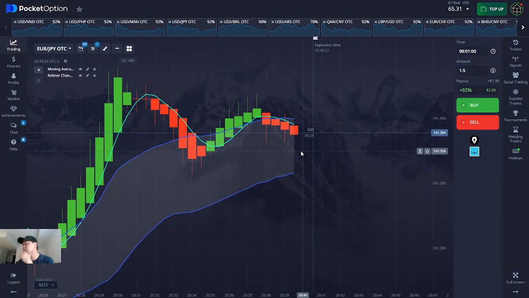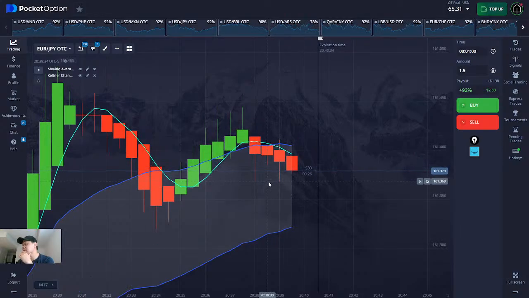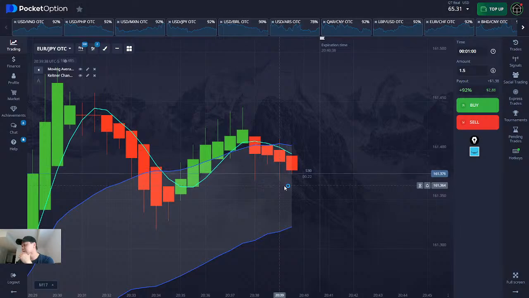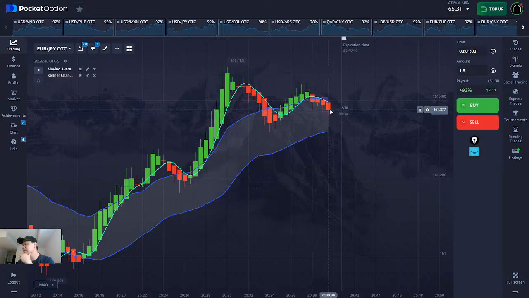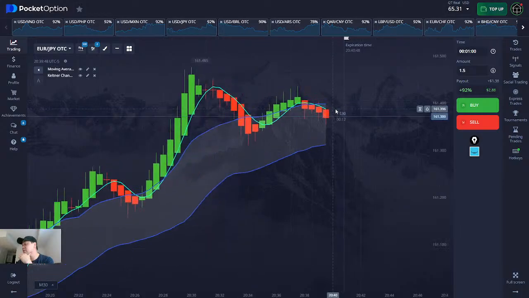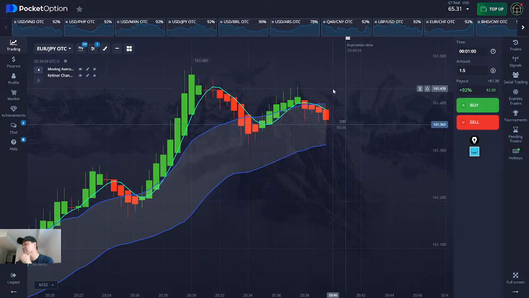Okay, let's see how this one goes. It's holding this line, right? Yeah, still okay. Yeah, I don't like how it's going. It's coming too far down. Sometimes it just pushes it down, washes everyone out, and it springs back up.